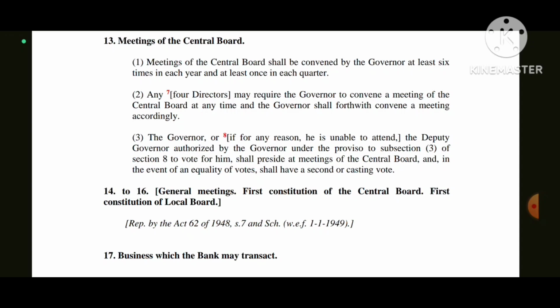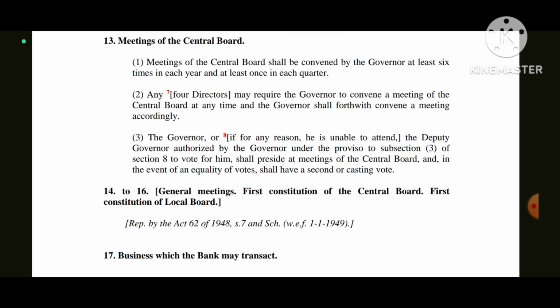The governor, or if for any reason he is unable to attend, the deputy governor authorized by the governor under the proviso of subsection 3 of section 8 to vote for him, shall preside at the meeting of the central board, and in the event of an equality of votes shall have a second or casting vote. As we know, in the meeting of the central board, 6 people are not allowed to cast a vote.